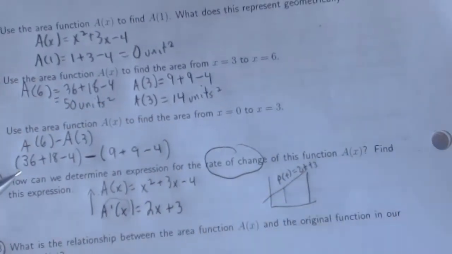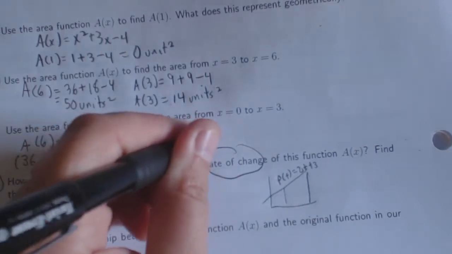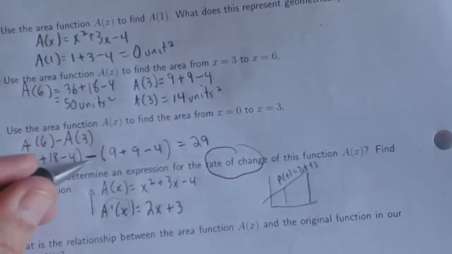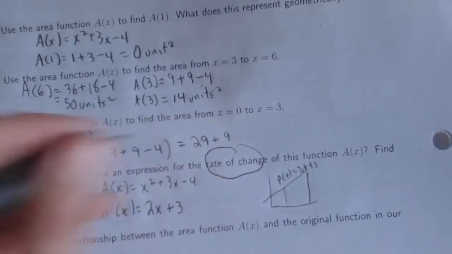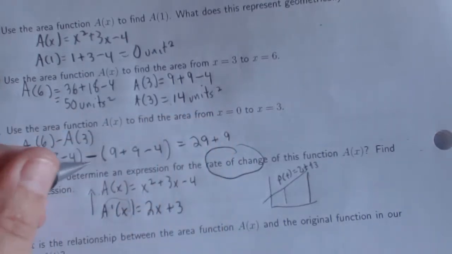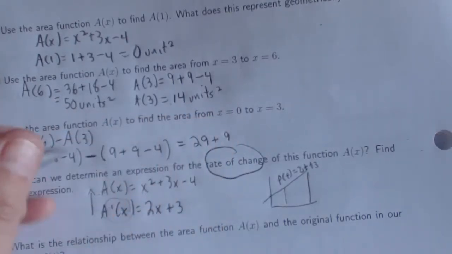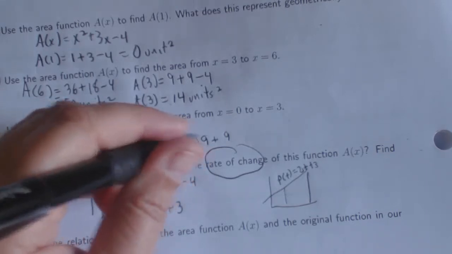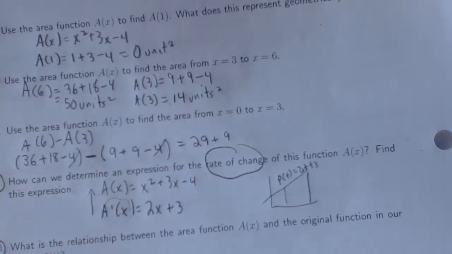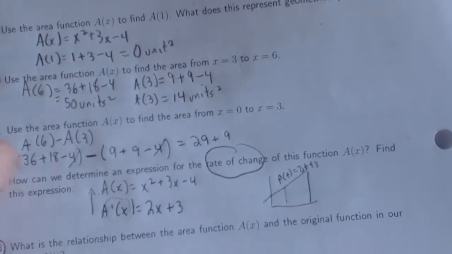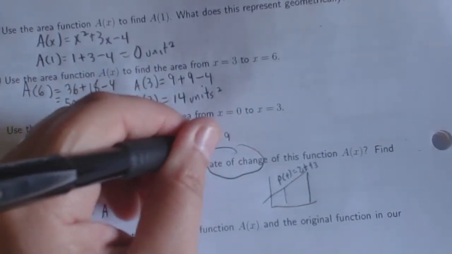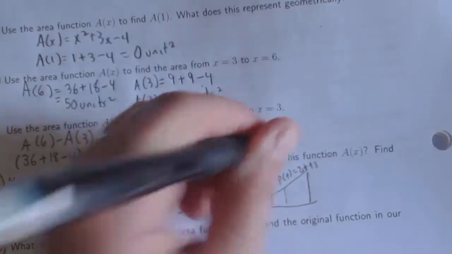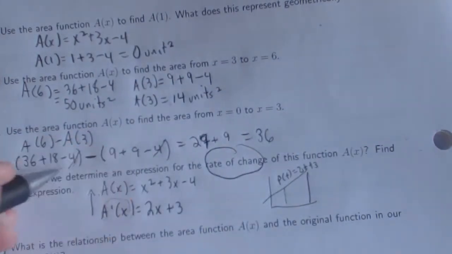Okay, so 36 minus 9 gives you 29, and 18 minus 9 gives you a positive 9. But what does negative 4 minus a negative 4 give you? 0. So this is a 27, and that's going to give you 36. So see how these cancel?